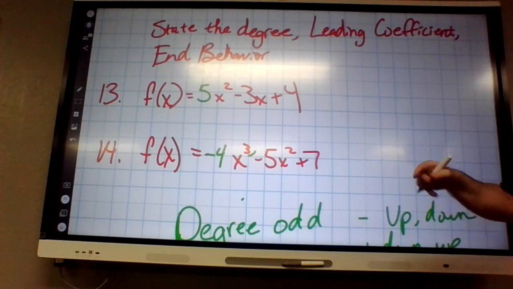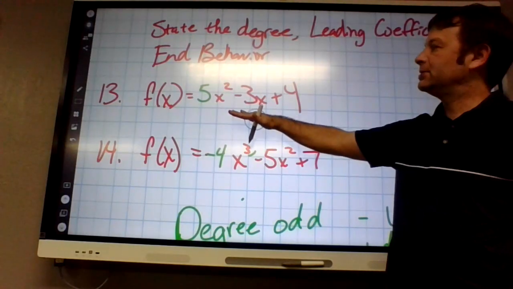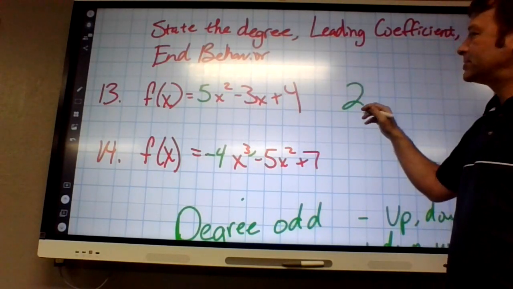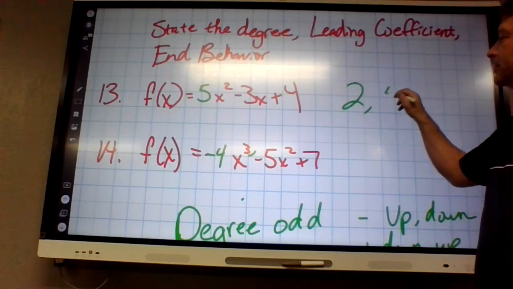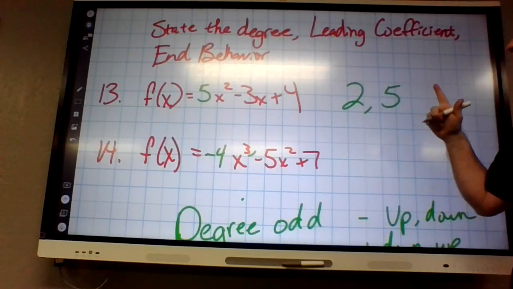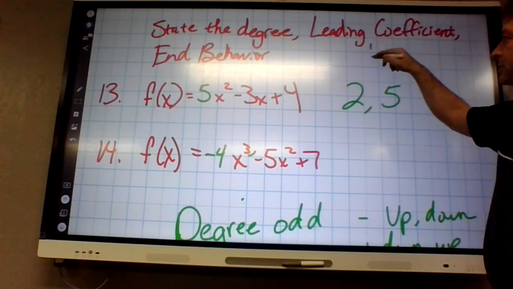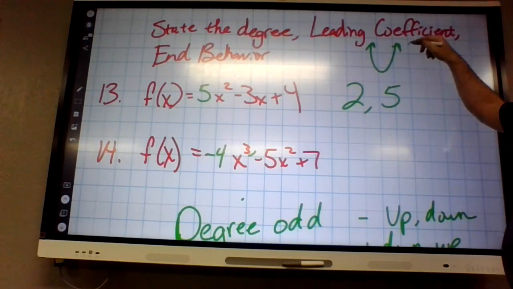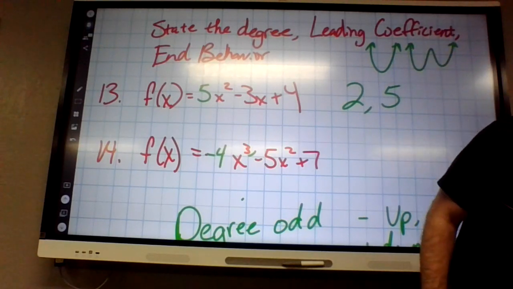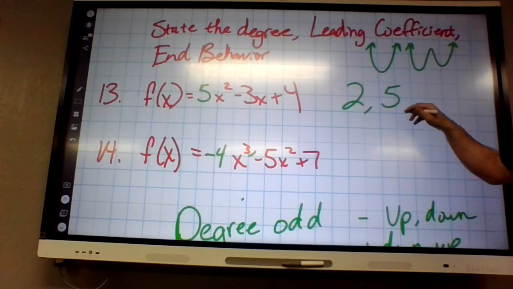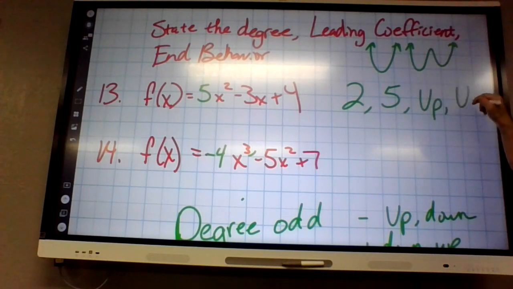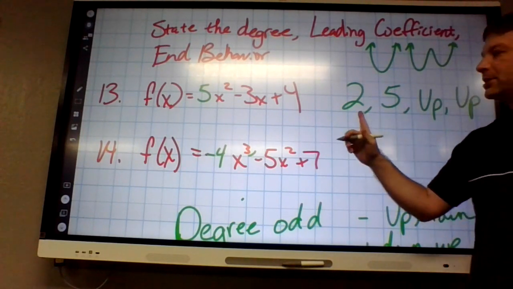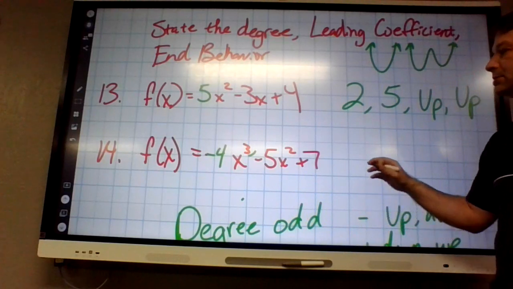Okay, what is the degree on number 13? 2. What's the leading coefficient? Positive 5. So what's it going to look like? Up. Yeah, it's a parabola, basically. If it was a 4th degree, it would still be up, just a W instead of a parabola. Okay, what's the degree of 14? 3.